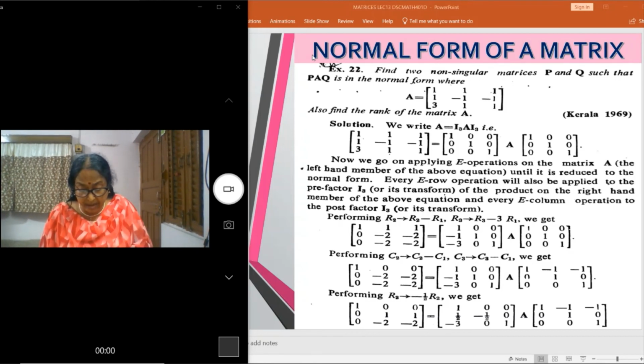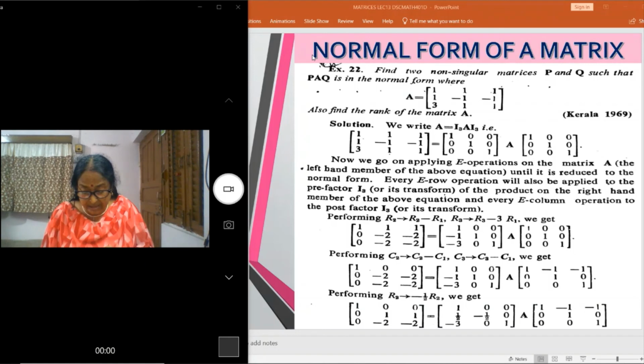Here again I am giving the column transformation. So this is given on the left hand side of A and on the right hand side after A. After that we get the values.